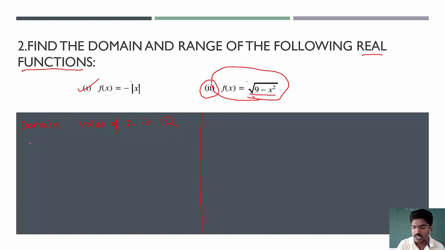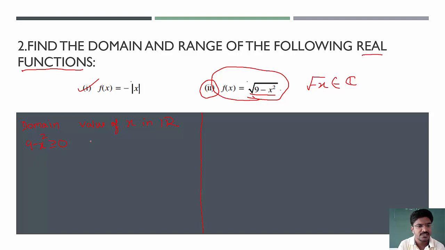So 9 minus x square should always be greater than or equal to 0. If this becomes lesser than 0, f of x will be a complex number, because the square root of a negative number always belongs to complex numbers. So we should always make it greater than or equal to 0.